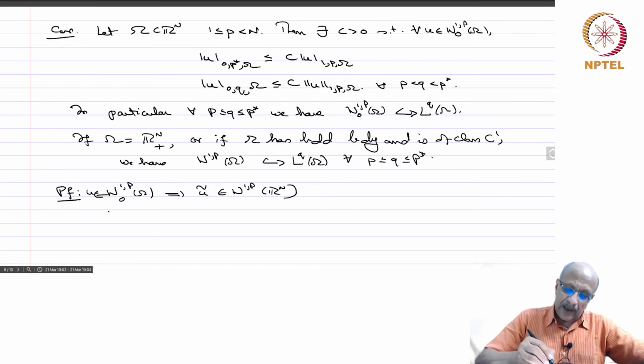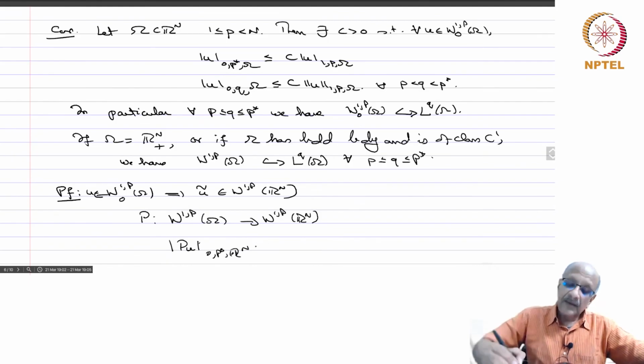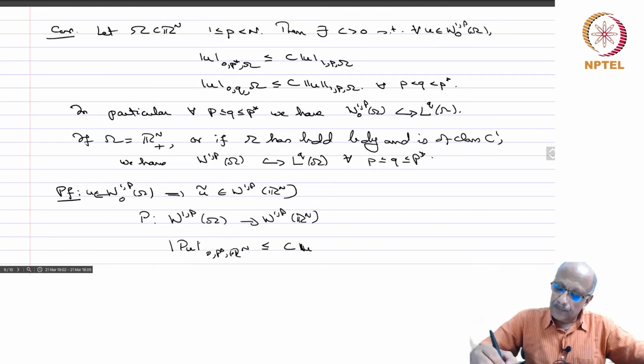In case omega equals Rn plus, or if it has bounded boundary and so on, then there exists a prolongation operator P from W^{1,p} of omega to W^{1,p} of Rn. So you apply the theorem: the norm of Pu in L^p star(Rn) is less than or equal to C times the norm of Pu in W^{1,p}(Rn).